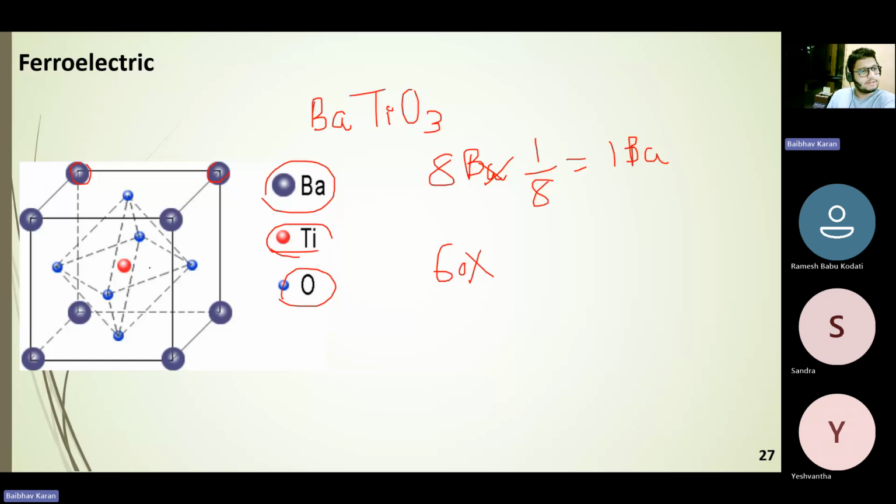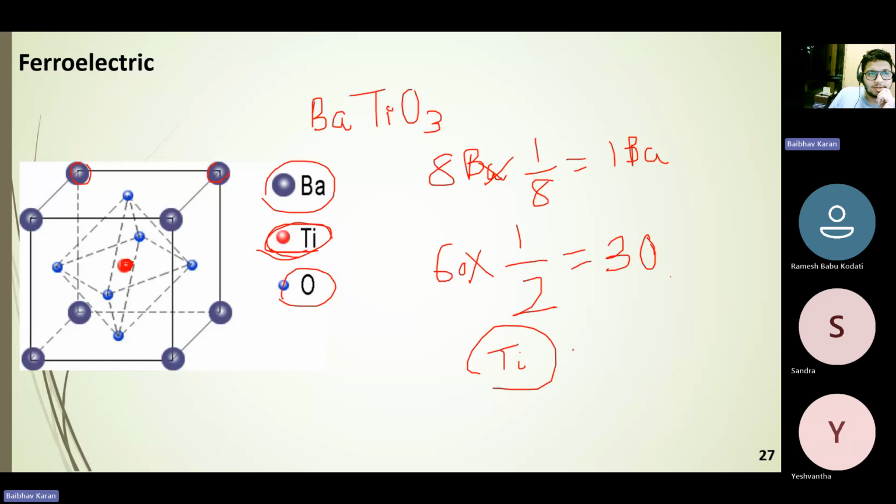One is this side, and the other is the unit cell which you're talking about. So into half, this will be 3 oxygen atoms. Then we have titanium, and titanium is only present at the center of the unit cell. So there is only one titanium atom at the center.